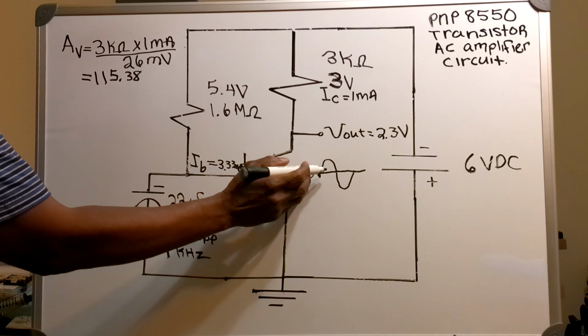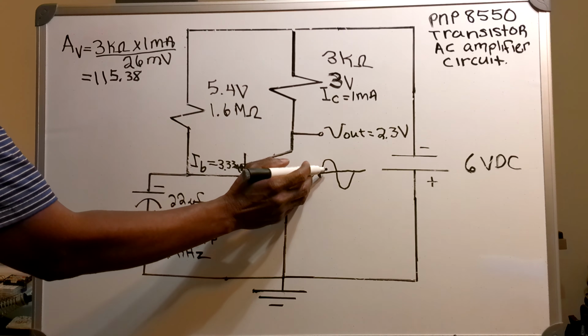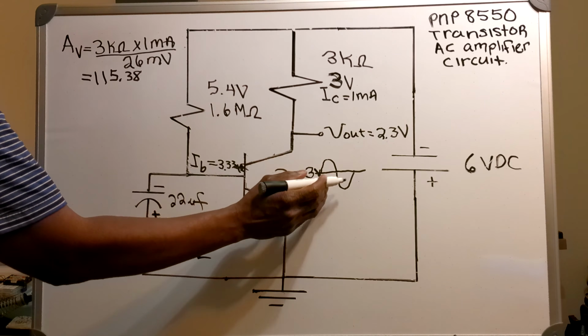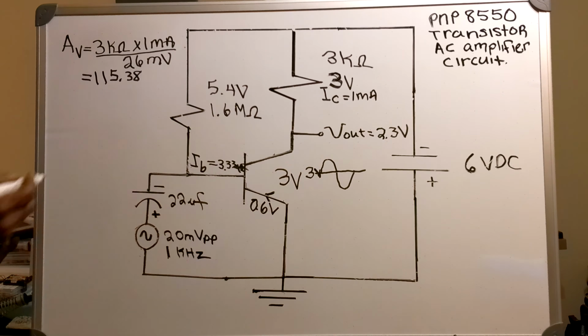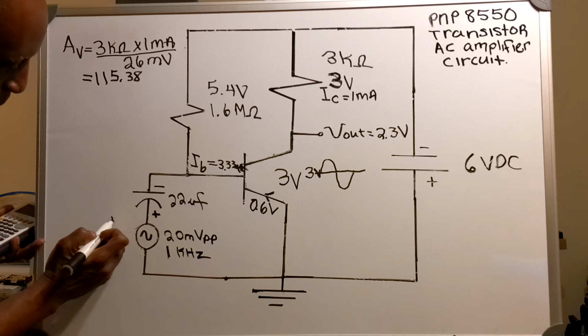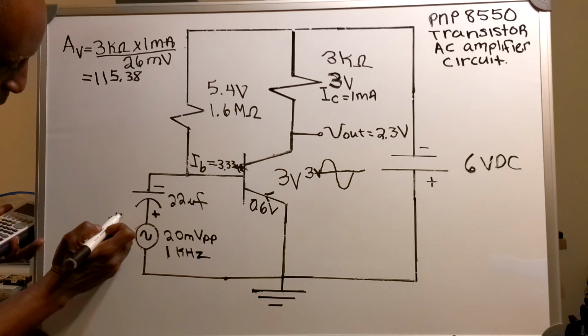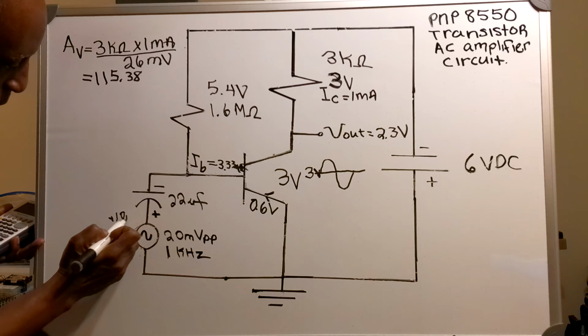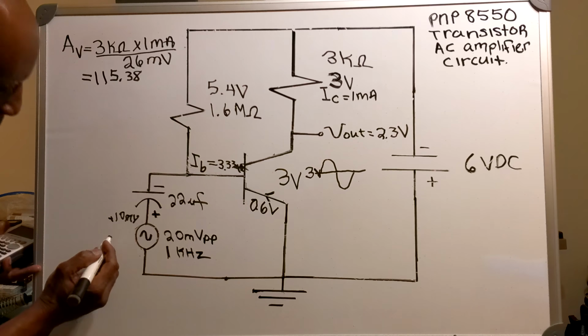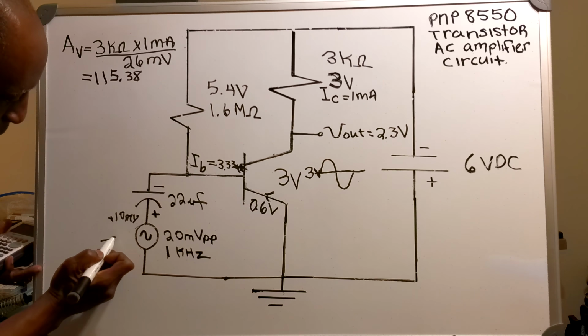Now what I'm going to do is I will find the top voltage and I'll find the bottom voltage. Down here you have 10 millivolts at the top. And you have a minus 10 millivolts at the bottom.